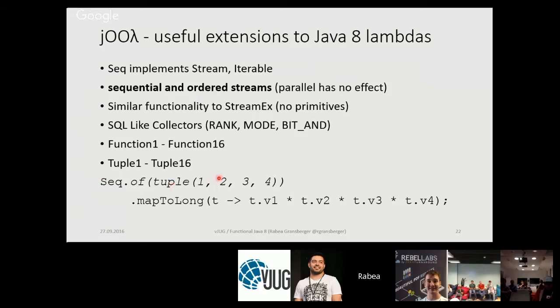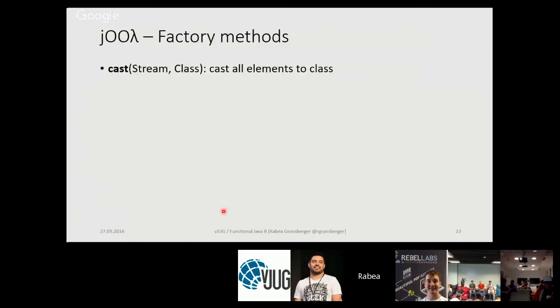So I can do something like that here. I have a tuple with 4 values, and this is Tuple4. And then I can actually call a function with 4 parameters and 1 result value and do it directly in the code. We have also some nice factory methods to create our Seq class.